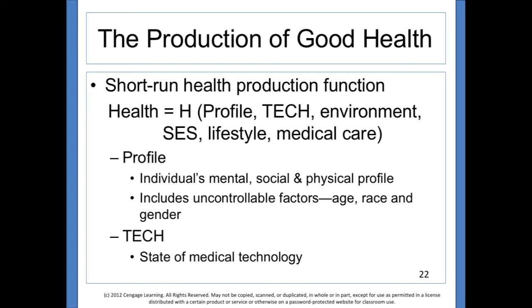And environment, which refers to air and water quality, which you agree affect the health outcomes of an individual. And social and economic status, based on profession, income, and level of education. These are the factors affecting the production of health.